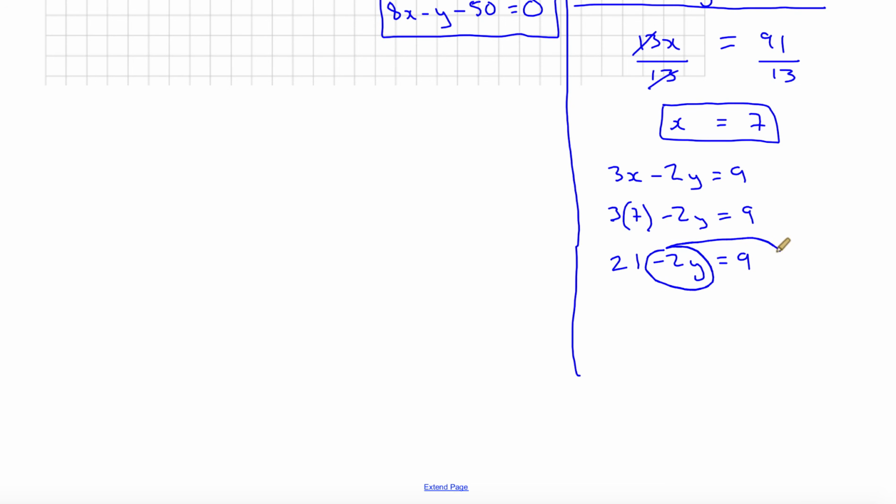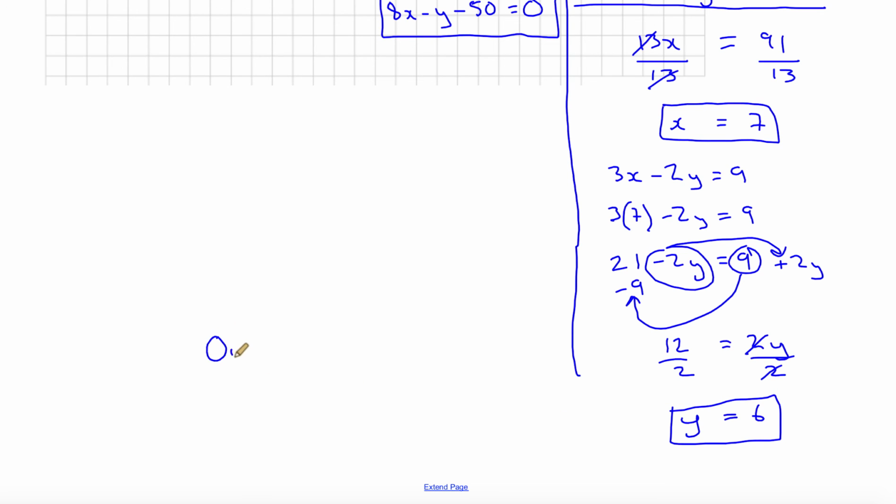Bring the minus 2y over there, becomes positive. Bring the 9 over here, becomes negative. So 21 minus 9 is 12, and that's equal to 2y. Now divide both sides by 2, which leaves me with y is equal to 6.